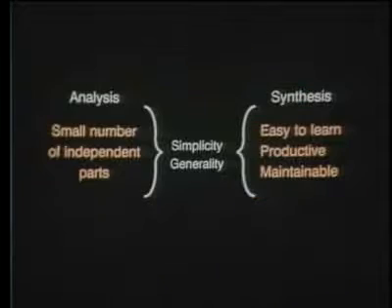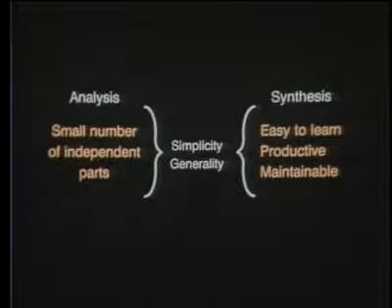And when you try to break a complex problem down, you want to try to break it down into as few parts as you can. And you want them to be as independent as they can be. That just leaves you with a simpler analysis.